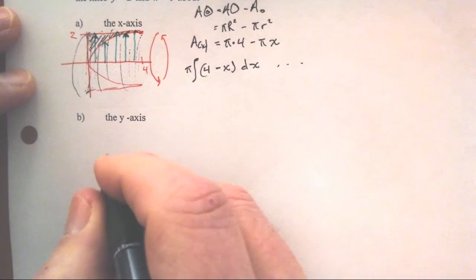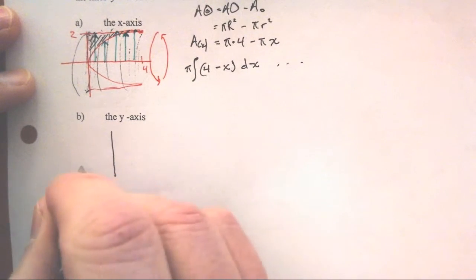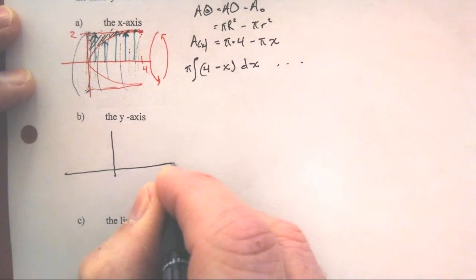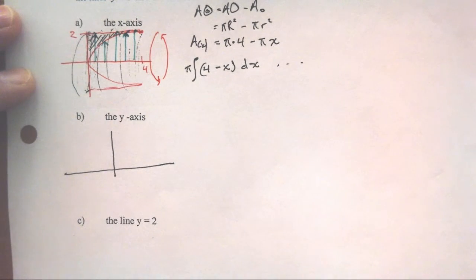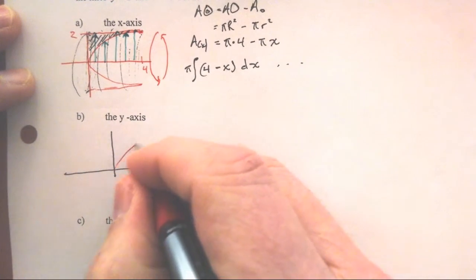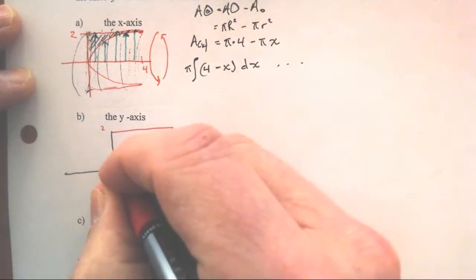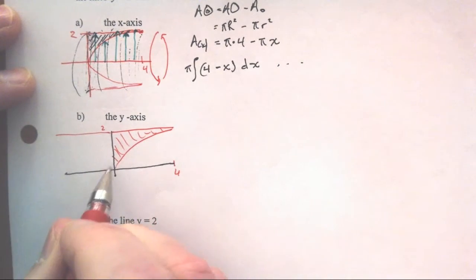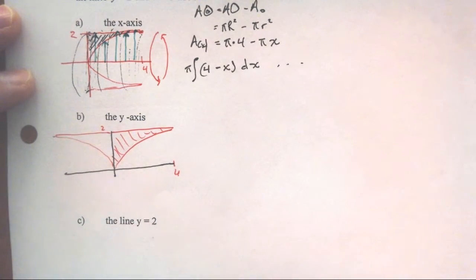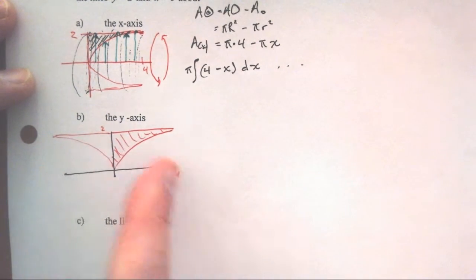So about the y-axis, I'm just going to start with a fresh drawing here. So my region was in here. And now we're going to rotate that this way. And my rotation now, there isn't a gap in it like when I went around the x-axis.